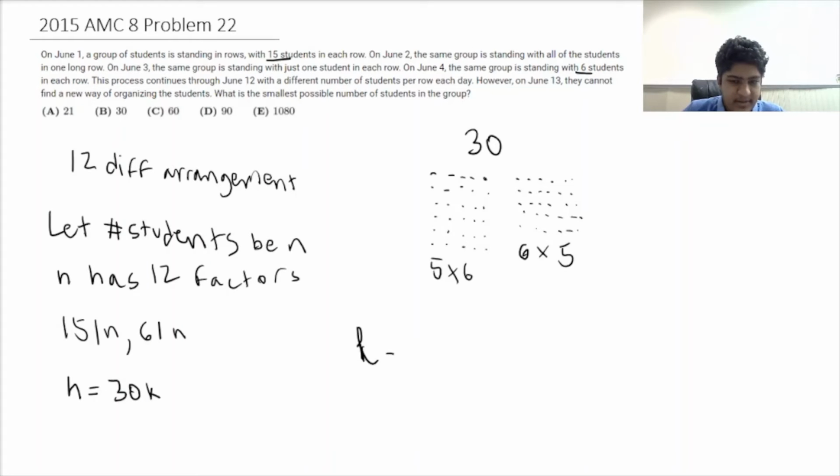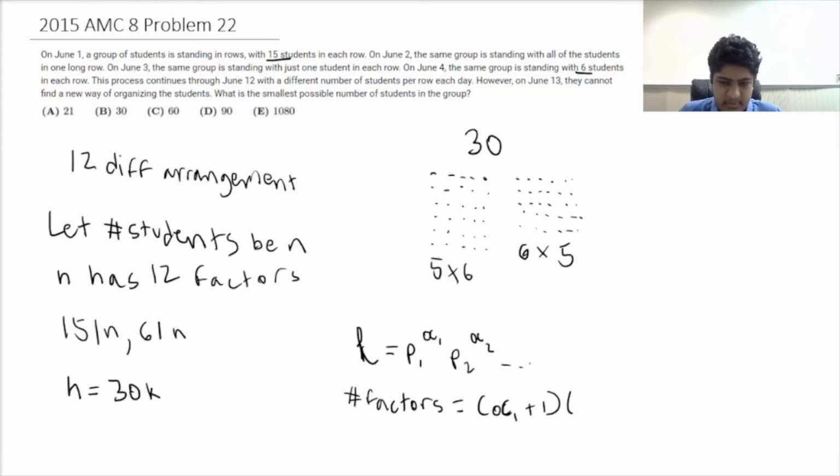And you know the number of factors of an integer, let's just call this L. The number of factors of L, given that L is equal to P1 to the alpha 1, P2 to the alpha 2, etc., where P1, P2, etc. are primes, and alpha 1, alpha 2, etc. are exponents, is just going to be alpha 1 plus 1 multiplied by alpha 2 plus 1, etc. And you can think of this as just a counting problem.